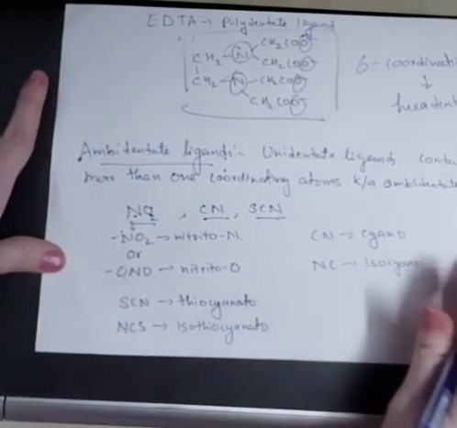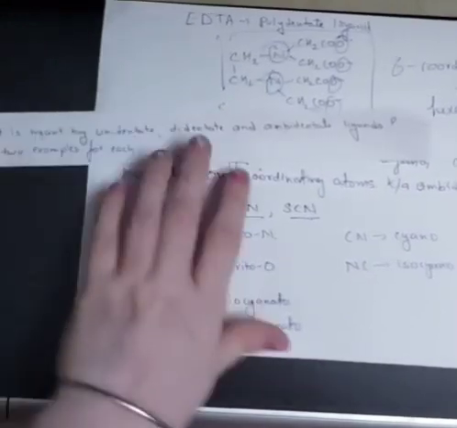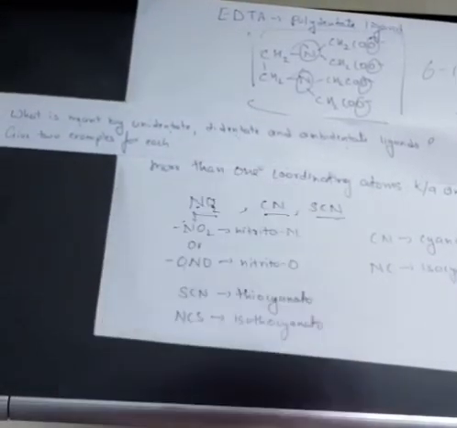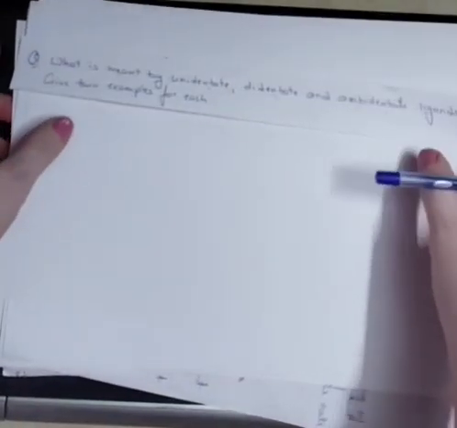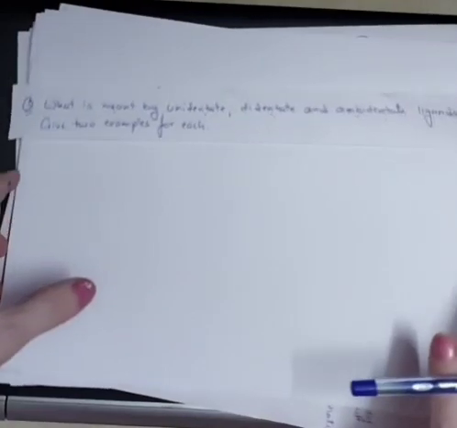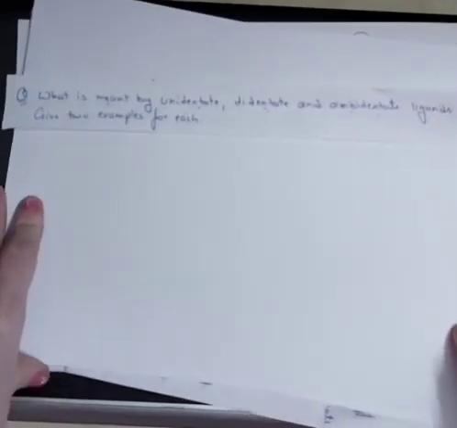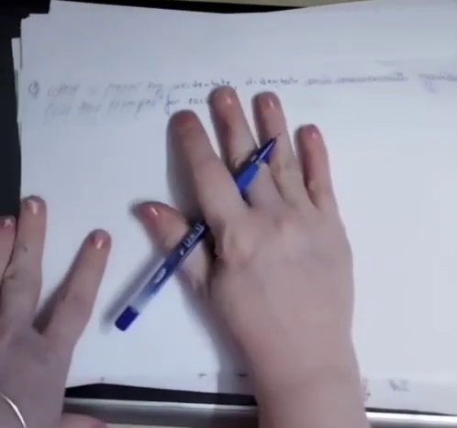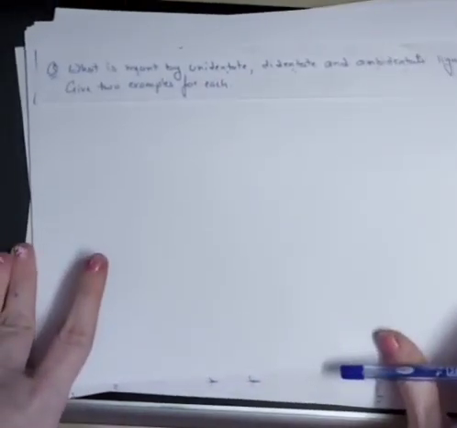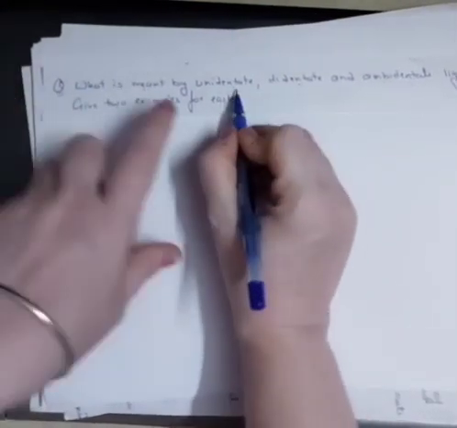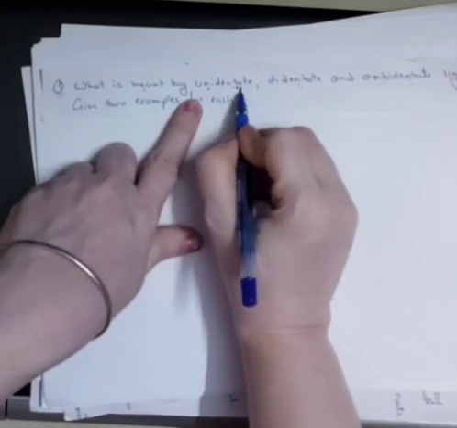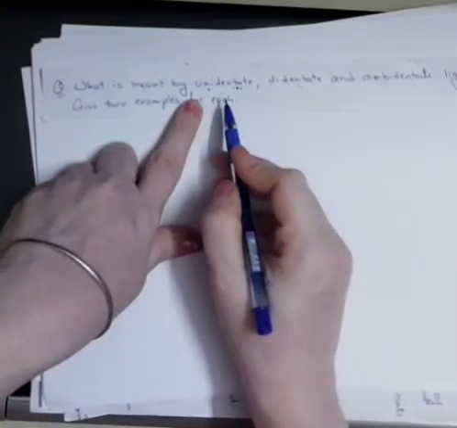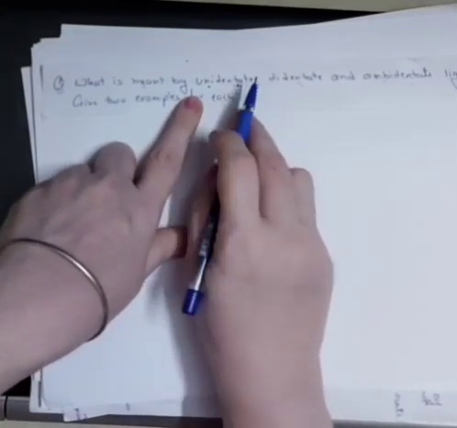Okay, now look at the question. What is meant by unidentate, didentate and ambidentate ligands? Give 2 examples for each. Now, I hope you are able to answer it. Unidentate means forming only one coordination bond.